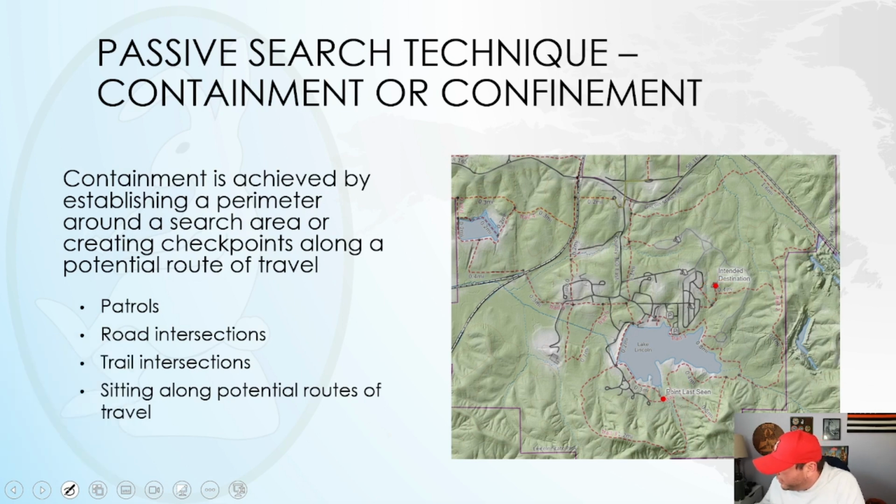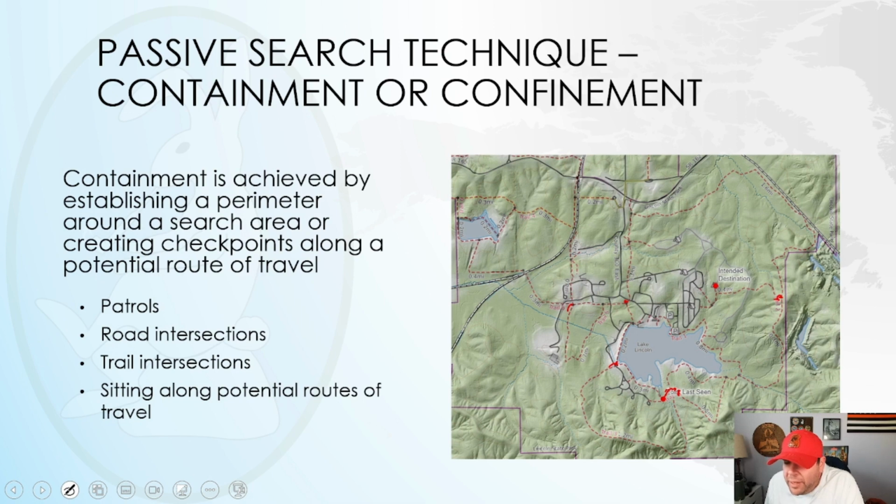Whenever I look at this map, I look at where the trail intersections are, the major arteries and things like that, and that's a spot where I could want to post people up, so that we can intercept some of the traffic coming through there and interview people along the way if they're still mobile.